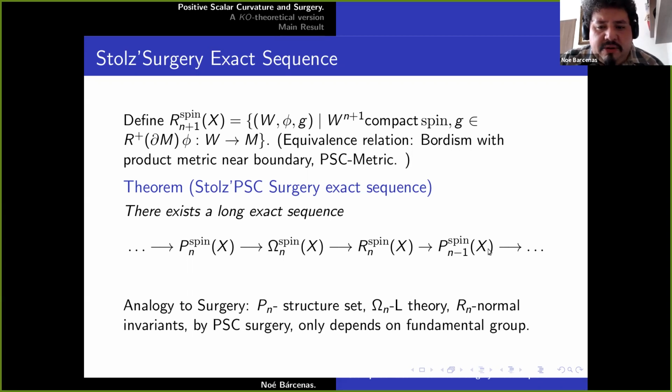Okay, so just a small comment. Rn, which plays the role of the normal invariance, you can use a PSC surgery argument. This is just applying the Lawson-Yau or Gromov-Lawson theorem. It only depends on the fundamental group. And this is also parallel to the classical story.